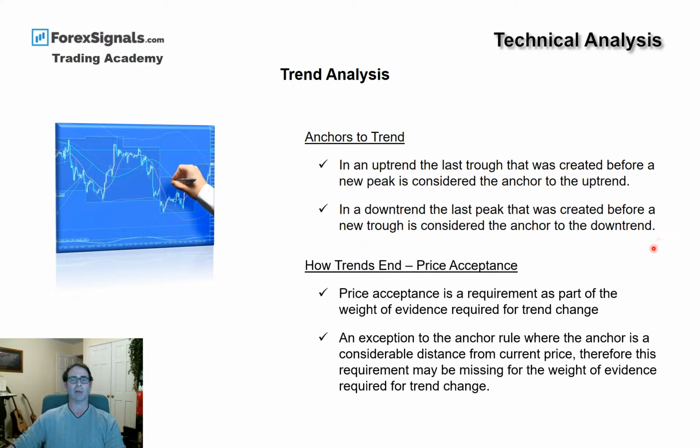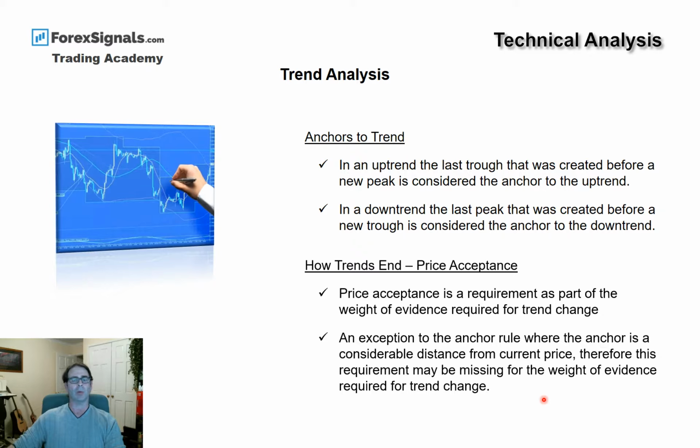We started then to look at how trends end. And in particular, we discussed price acceptance. We discussed how price acceptance is a requirement as part of the weight of evidence required for trend change. We also looked at the exception to the anchor rule, where the anchor is a considerable distance from current price.